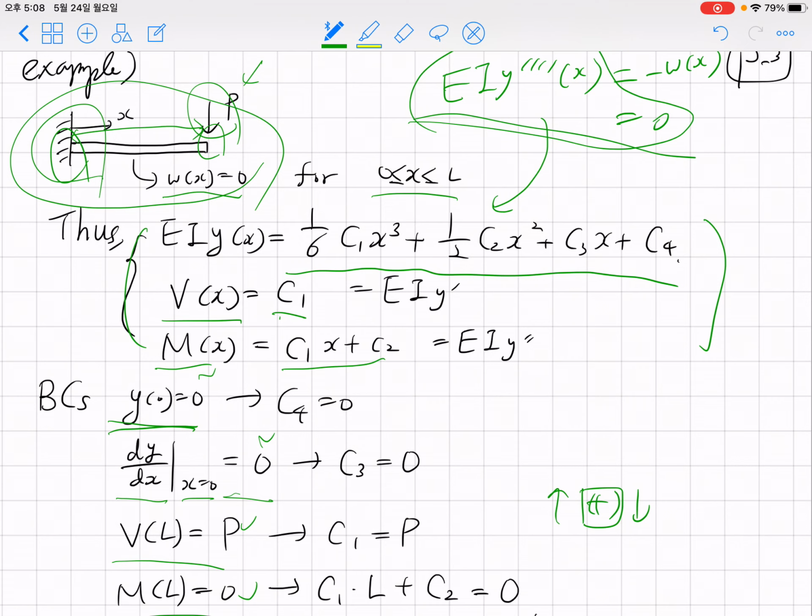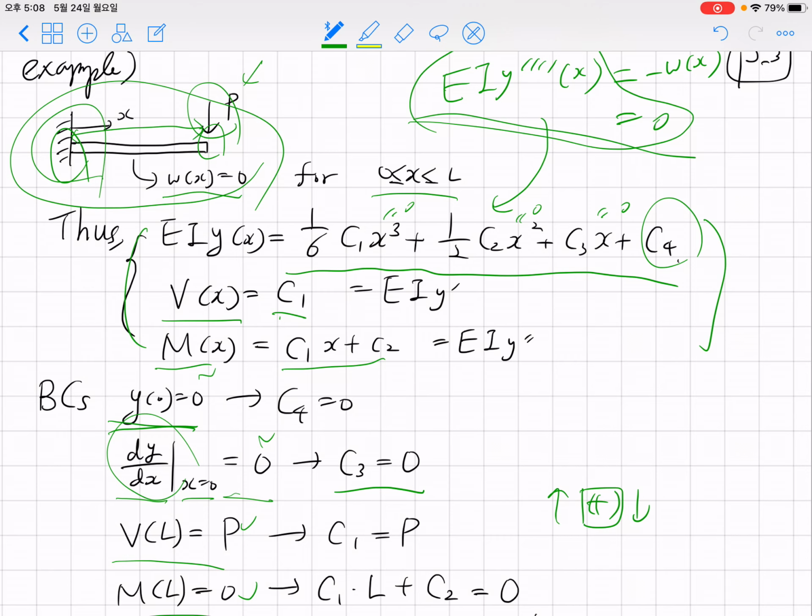From x equals 0, we have the y equals 0 condition. If you plug in x equals 0, you only have C4, and C4 must be 0. If you consider dy/dx, through the same procedure, C3 must be 0.